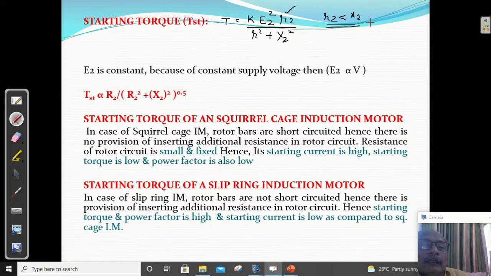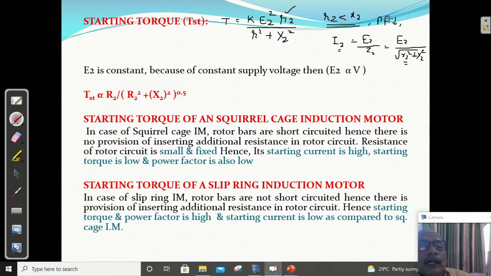If R is less, the power factor is less. Clear? The starting power factor is very less. What is I2? Starting E2 upon Z2, E2 upon under root of R2 square plus X2 square. If you can't change R2, you can't control I2.